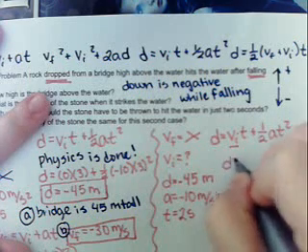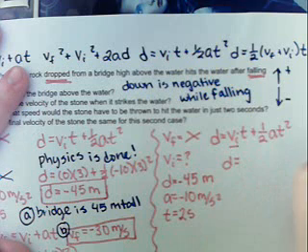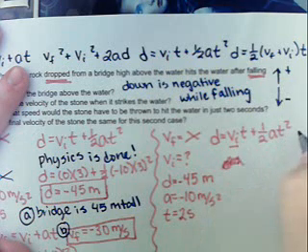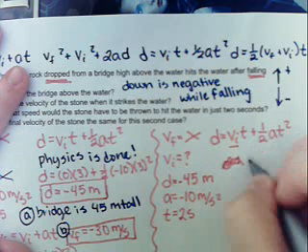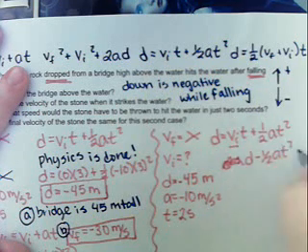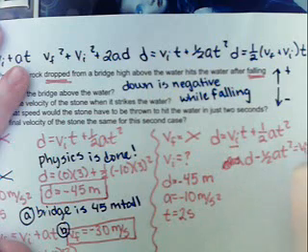D minus 1/2 AT squared equals VIT. You can't see what I'm writing.